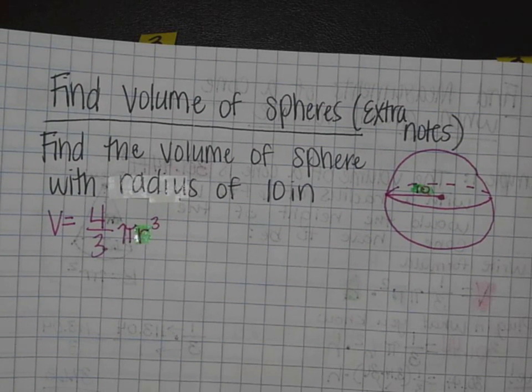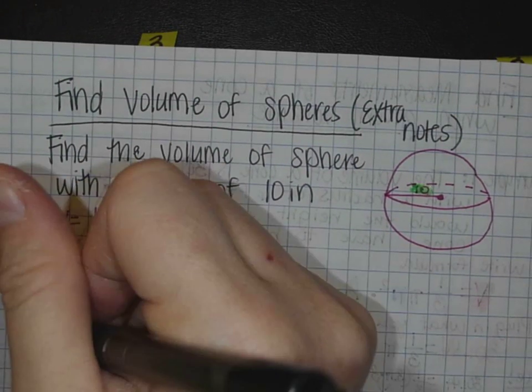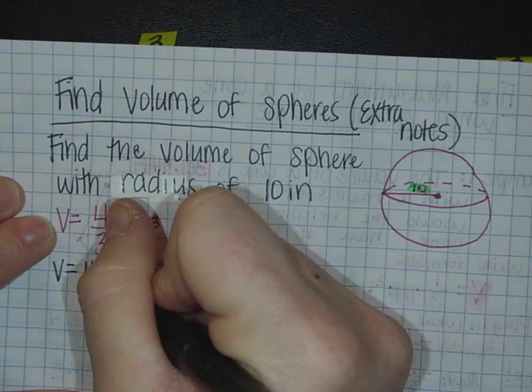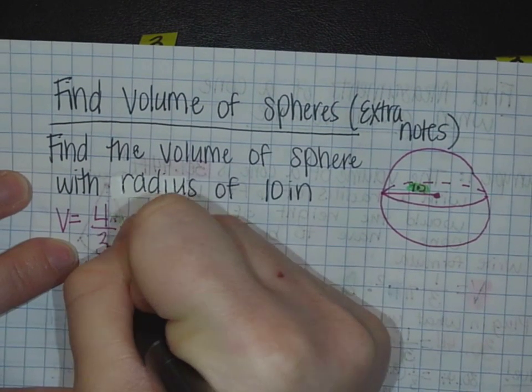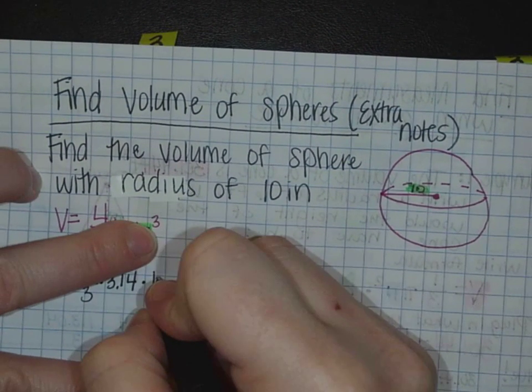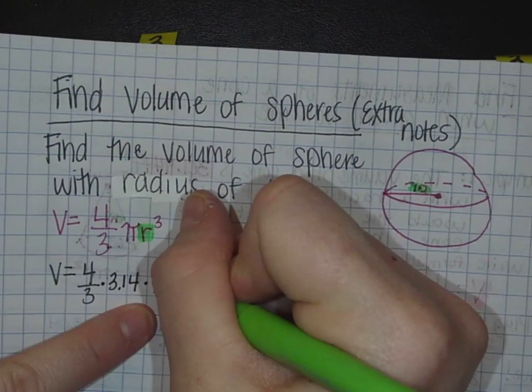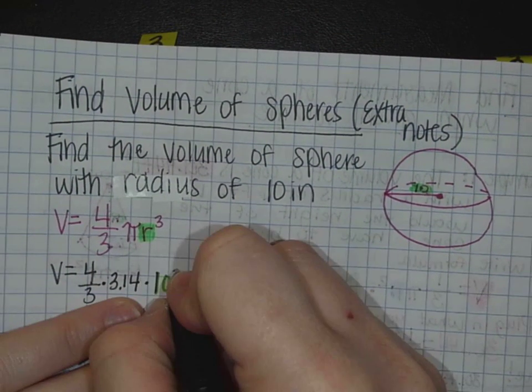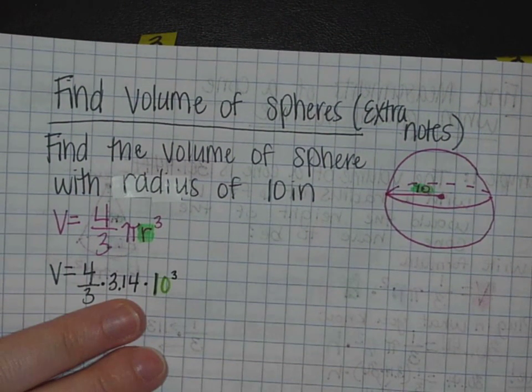So we're going to do volume equals 4/3 times 3.14 times our radius, which is 10 cubed.